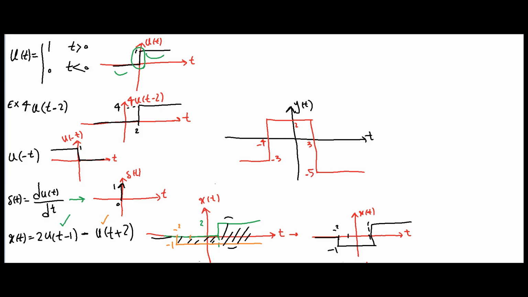Here, if we start from the left at time t equal to -4, we jump from -3 to +2, which is a jump of 5 units. So the corresponding step is written 5u(t + 4).